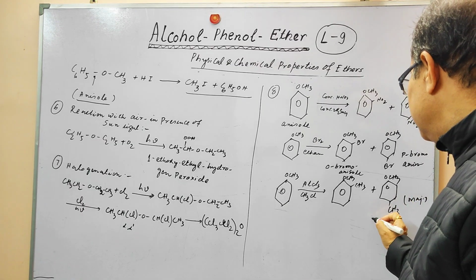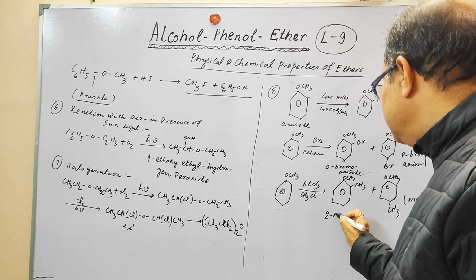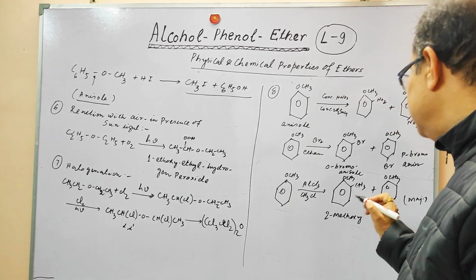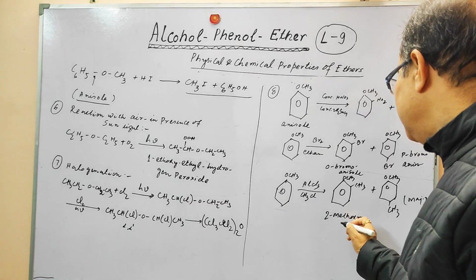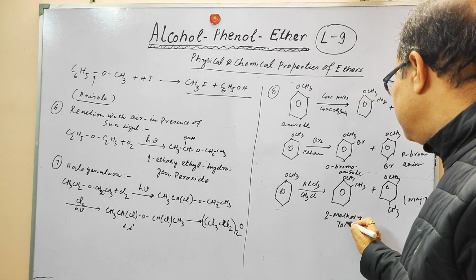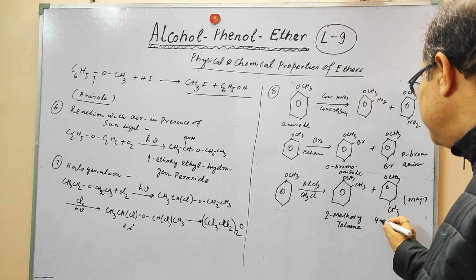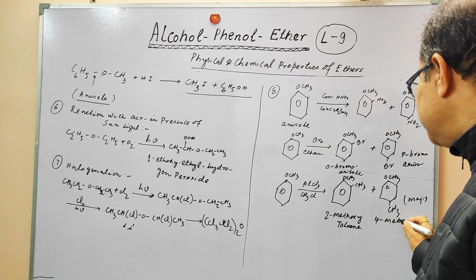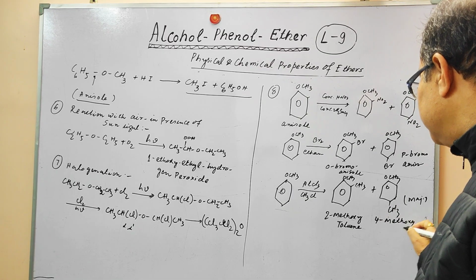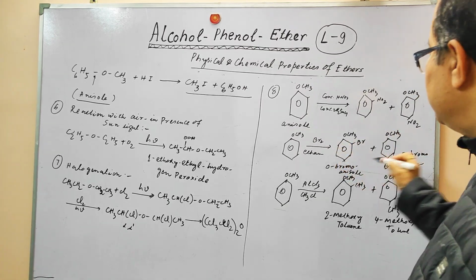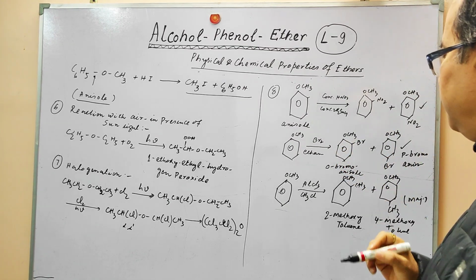These are 2-methoxytoluene and 4-methoxytoluene, and 4-methoxytoluene is the major one.